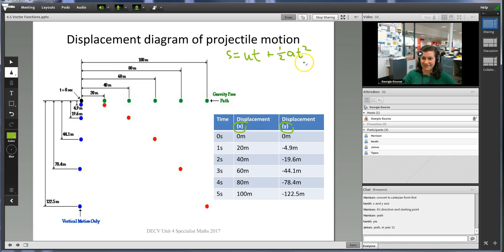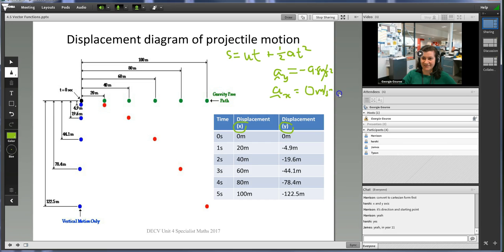We're just substituting the various times in there, and remember a is negative for the vertical component. AY is negative 9.8 meters per second squared, that's the acceleration. For the horizontal component of the acceleration, that's 0.